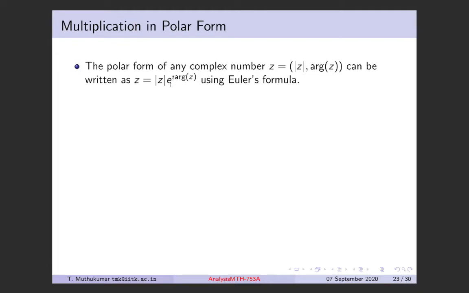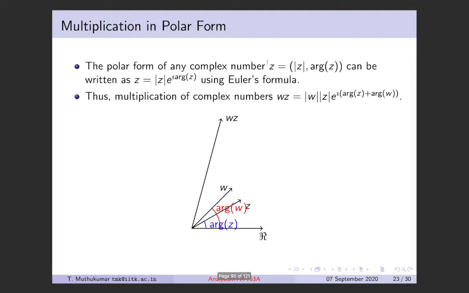So if you write this in the polar form, and if you take another complex number w also in the polar form, and if you multiply them, what you get in the multiplication is this. What this is saying is that if you take a complex number z and multiply it with a complex number w, or omega, the z vector is rotated by the argument of w and dilated by the magnitude of w.